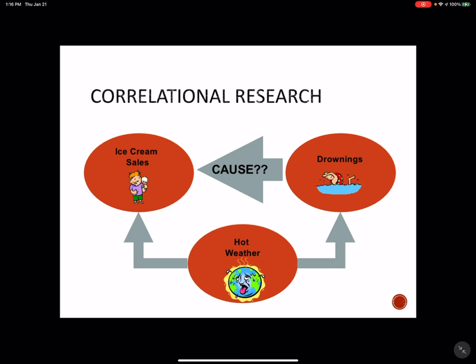So this is kind of a silly example, but it's really important when we're looking at things in the real world and trying to figure out the causal relationships, and they're not this simple. People will often make mistakes, and they'll say that one thing causes another, that ice cream sales cause drowning, when that's not true. The relationship between the two is actually caused by a third variable. So that's something you should be aware of when you think about evaluating research.